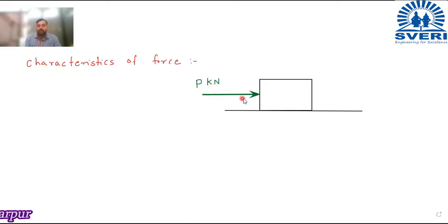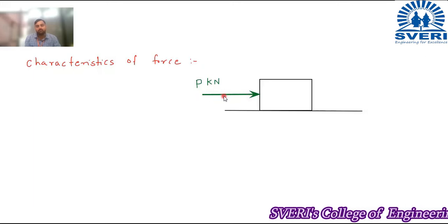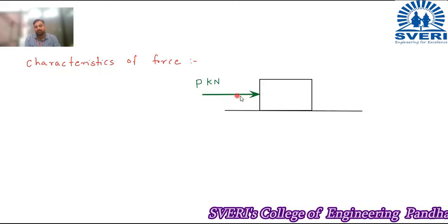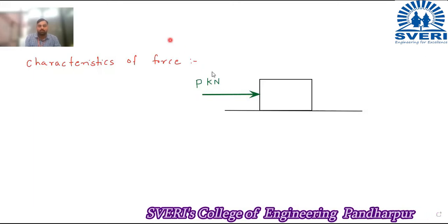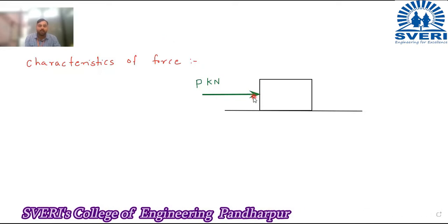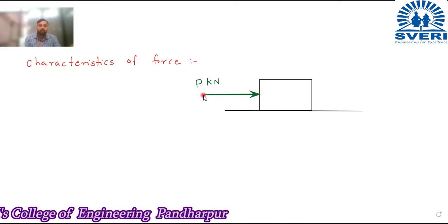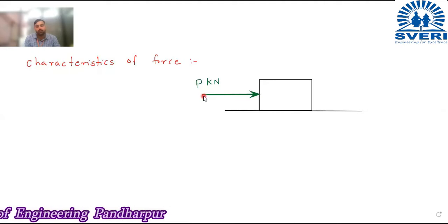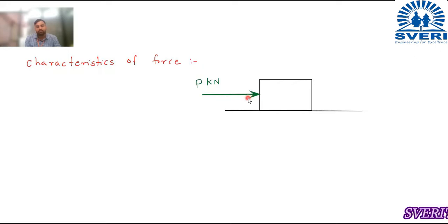Then this arrow tells you the direction in which the force is acting. The front portion of the arrow is called the arrow head, and the back portion is called the arrow tail. By looking at the head of the arrow, you can tell the direction of the force.